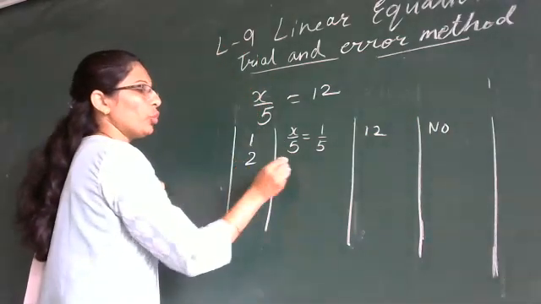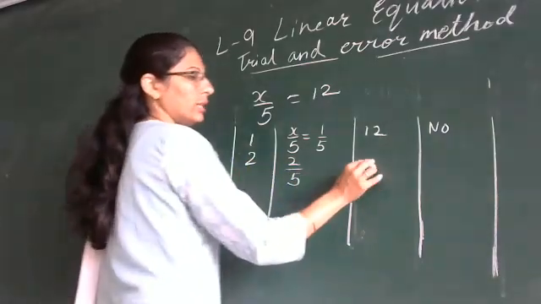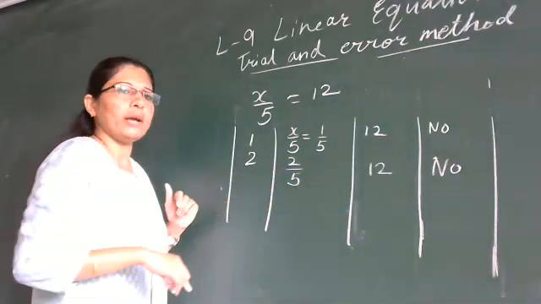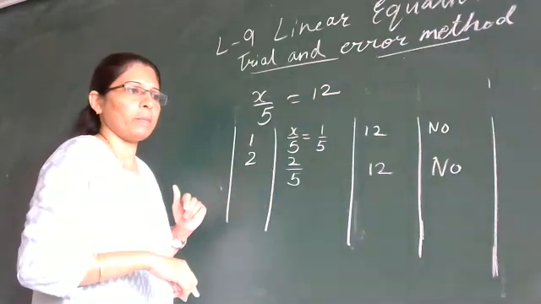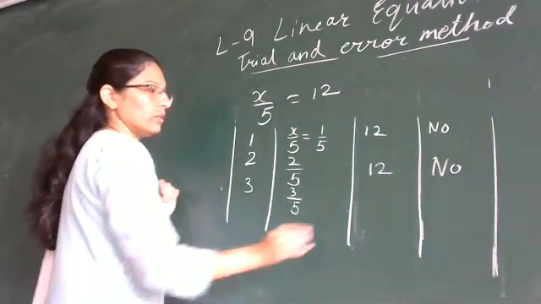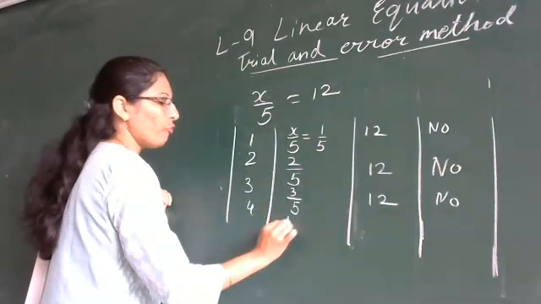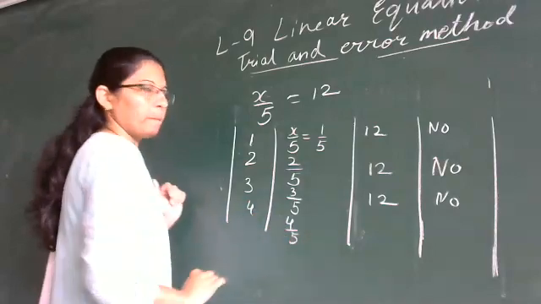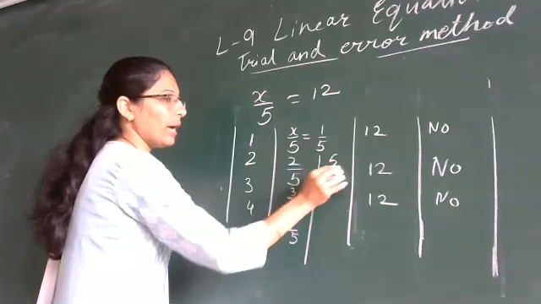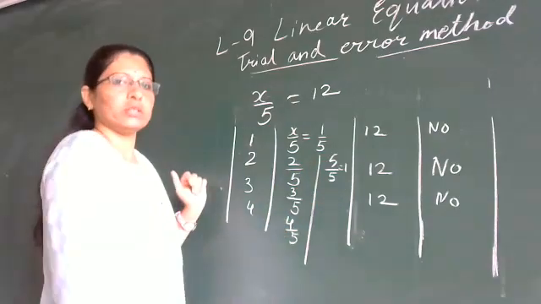No. If we put 2, 2 by 5. Are they equal? No, ma'am. 3 by 5. No, ma'am. If we put 4, 4 by 5. No, ma'am. Then 5 by 5, which is 1.